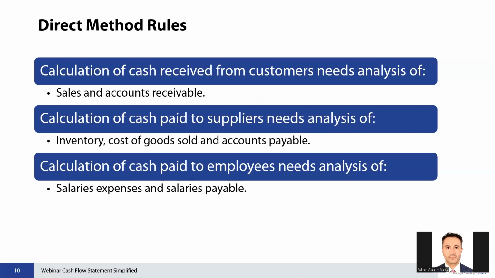We have to analyze the inventory accounts, the cost of goods sold, plus the accounts payable. And to figure out how much we paid to our employees, we have to analyze the expenses and the payable if there are any accruals or any liability towards the employees. This will be part of our practical example, and we will see how these are analyzed and calculated.